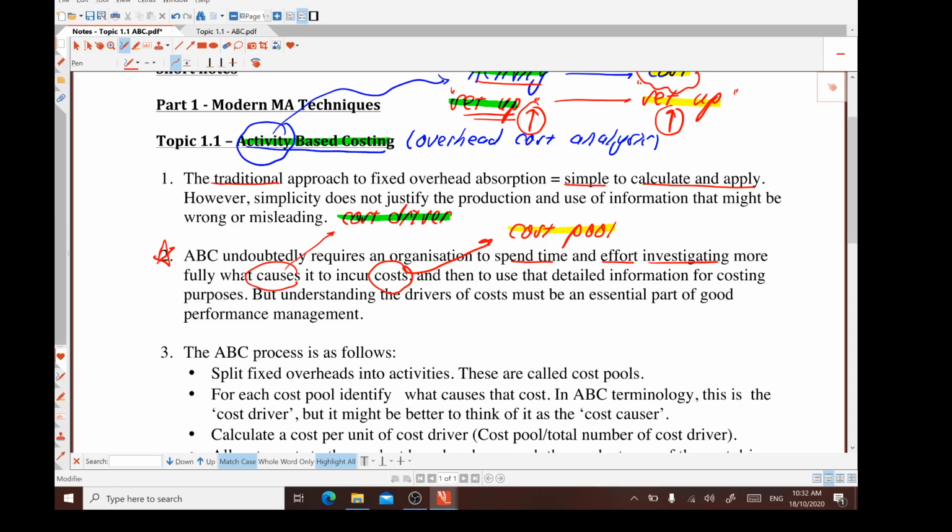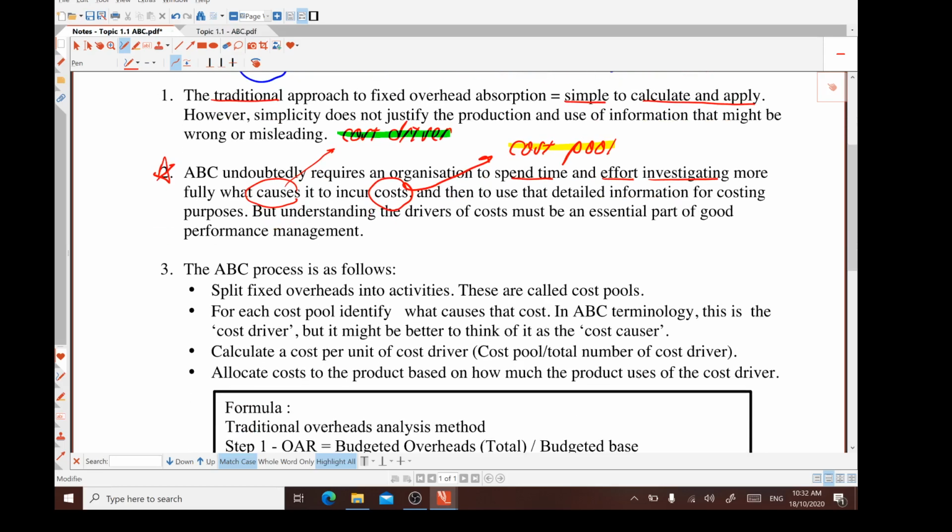Okay, so some students probably ask a question. They say, Stephy, can I just chat with you? Do you think that the use of ABC would help improve the profit? I would say, yes, it improves the profit of the individual product, but not the total profit of the company.